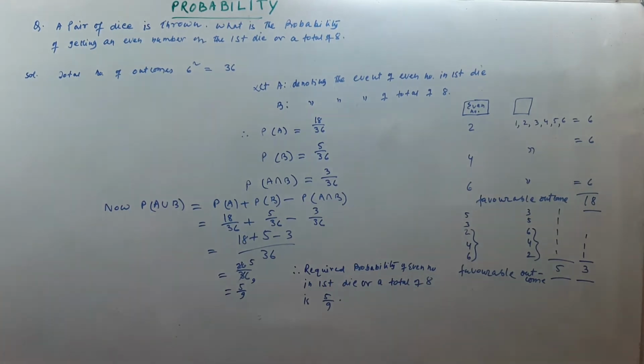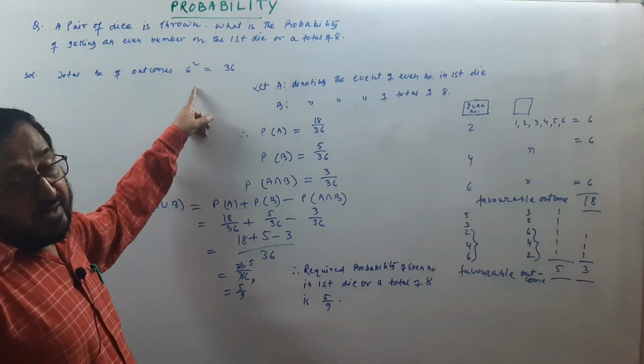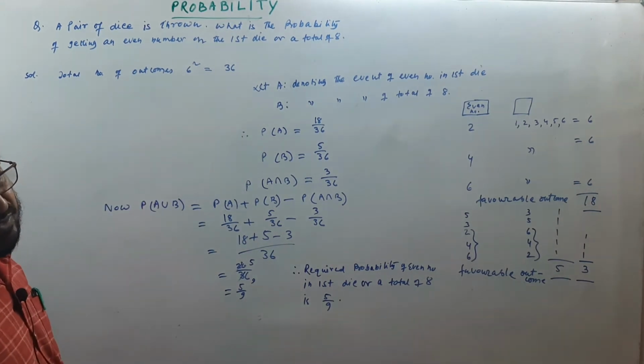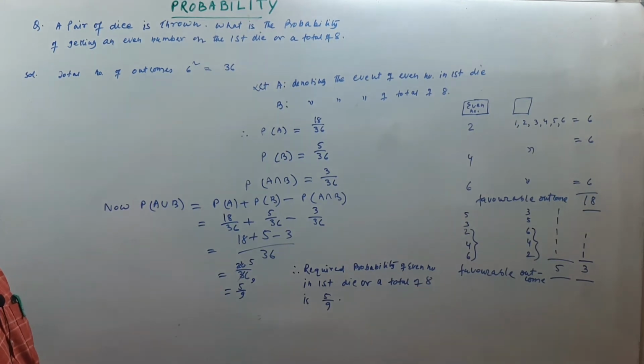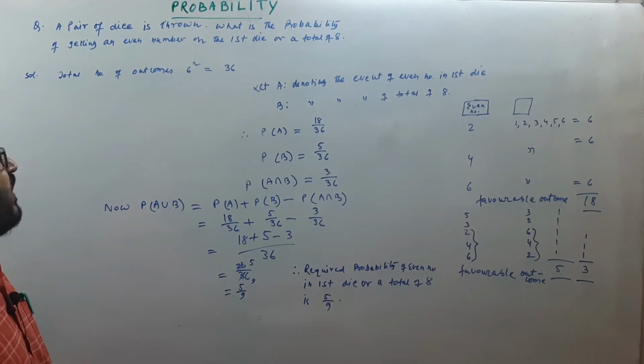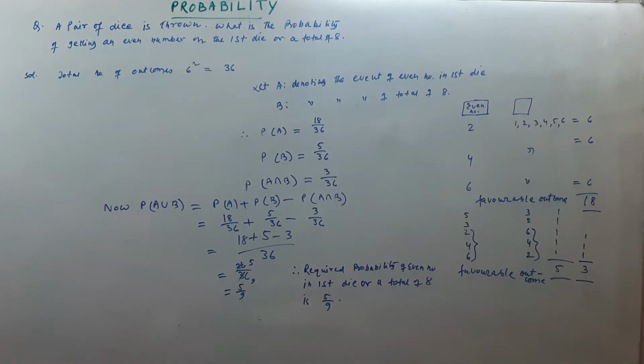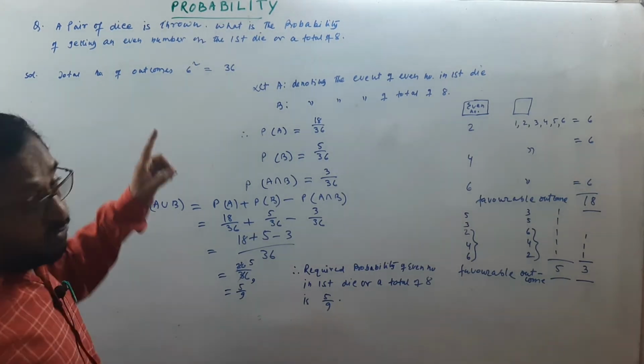Therefore, in this type of problem, the total outcome would be 6 square, that is, 6 surfaces to the power of the number of dice. The number of dice is 2 and total surfaces 6. Therefore, total outcome would be 6 square, that is 36. Now, there are 2 events.